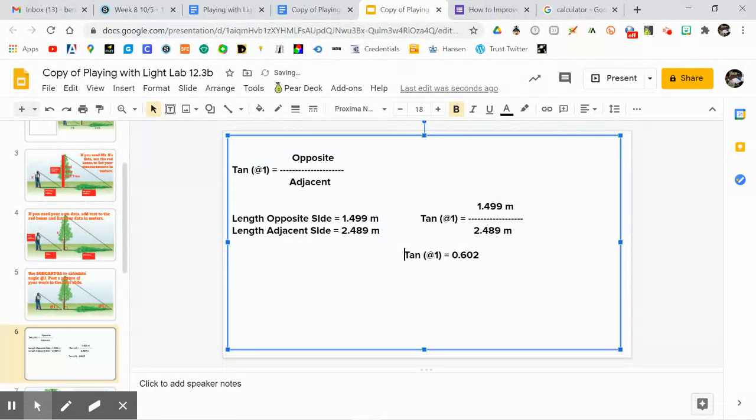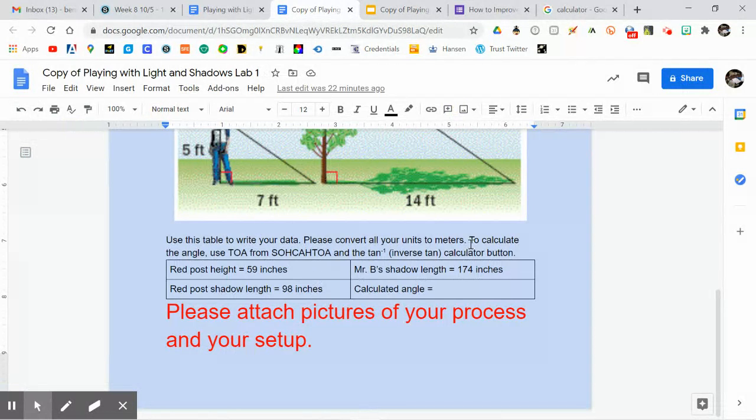Now what I need to do is exactly what it says on the to-do on the document. To calculate the angle, use TOA from SOHCAHTOA, and that's what I did. Then I need to use the inverse tangent, tangent to the power of -1, calculator button.